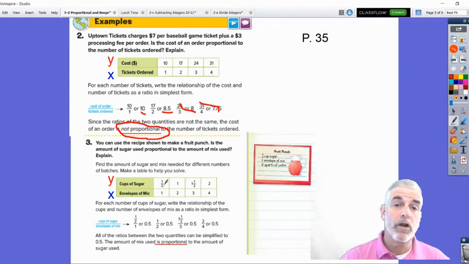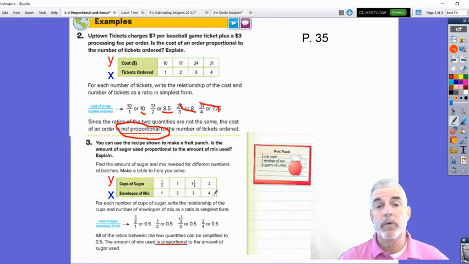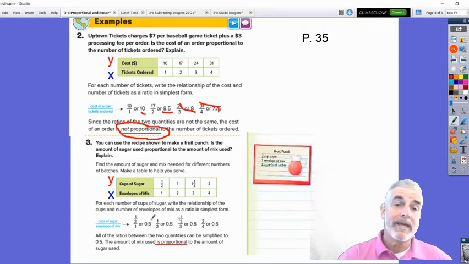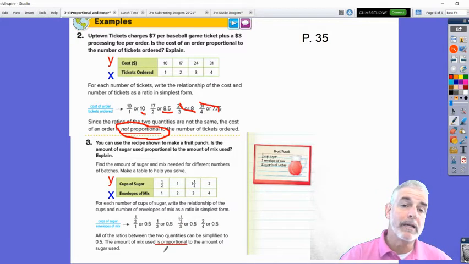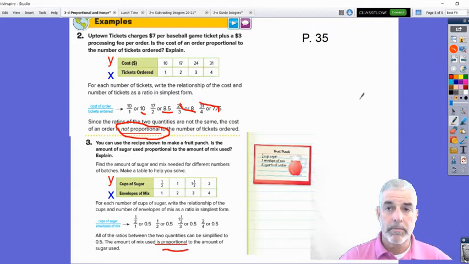But just so you see here, 1/2 divided by 1 is 0.5. 1½ divided by 3, you could rewrite as 1.5 divided by 3, which comes out to 0.5 also. And then 2 divided by 4 simplifies to 1/2, or in your calculator, it comes out to 0.5. So these ratios are all constant. Therefore, this is a proportional relationship.